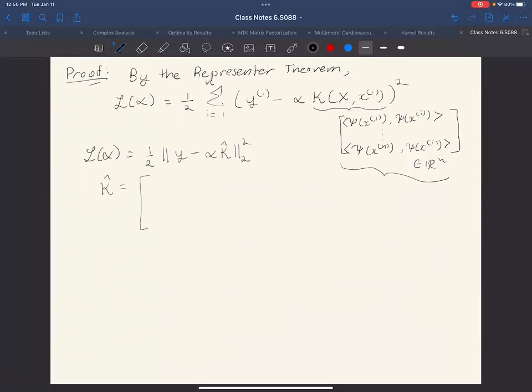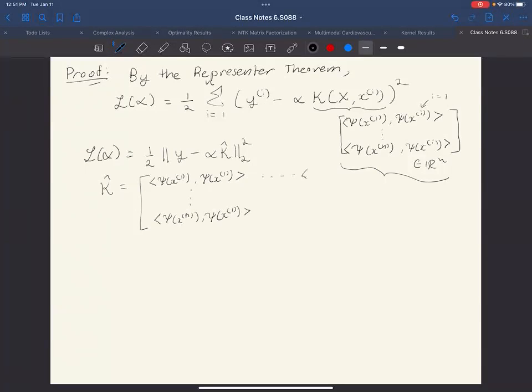So if I write it out, it's going to look something like this. It's a concatenation first, where i equals 1. So here in the first row, i would equal 1: psi of x1, psi of x1 inner product, and so on. Okay.